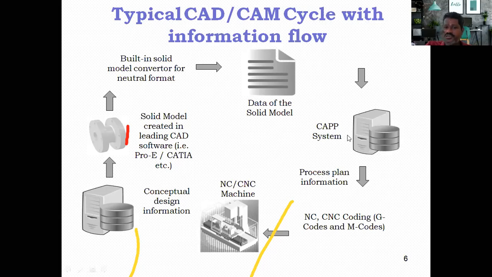Here it is computer aided process planning. At this stage, the cutting parameters, the type of machine and the type of tool will all be selected.